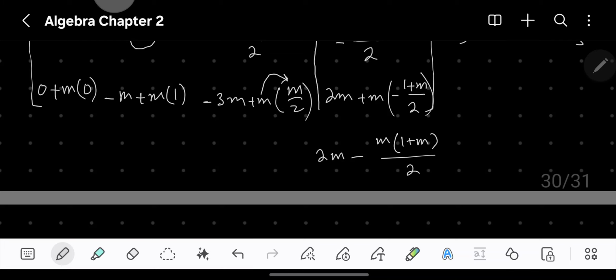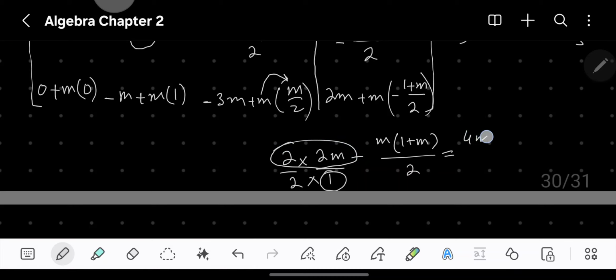So if I take LCM, or if I make their denominator common, because its denominator is 2 and its denominator is 1, its common denominator must be 2. How can I make this 2? If I multiply and divide by 2. Okay. So what will happen if I multiply and divide it by 2?